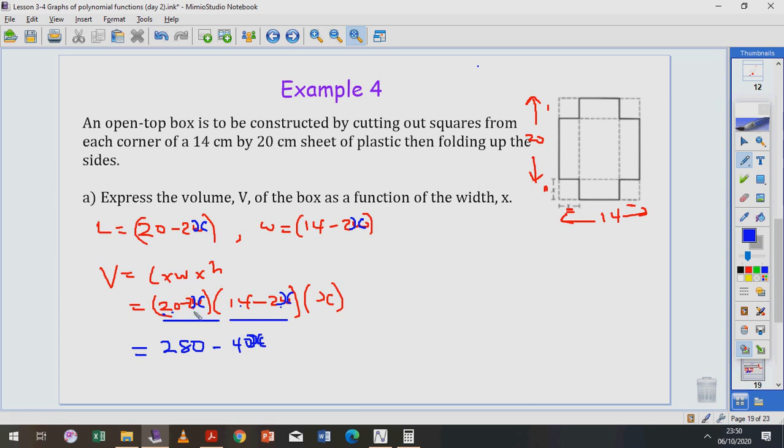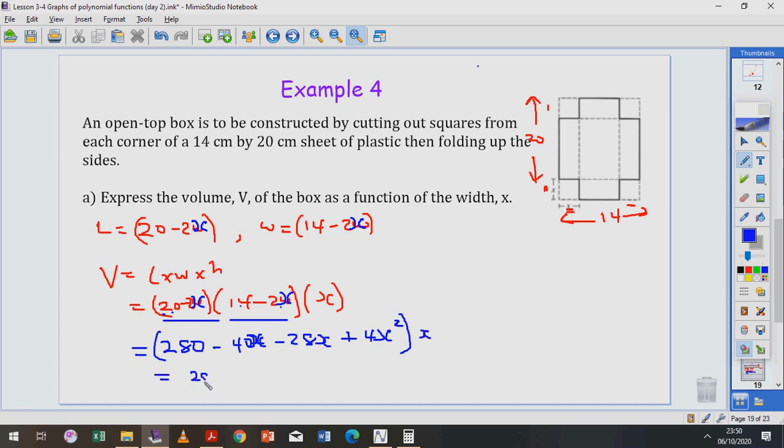Negative 2x times 14 is negative 28x. Negative 2x times negative 2x is positive 4x squared. All of this is being multiplied by x.